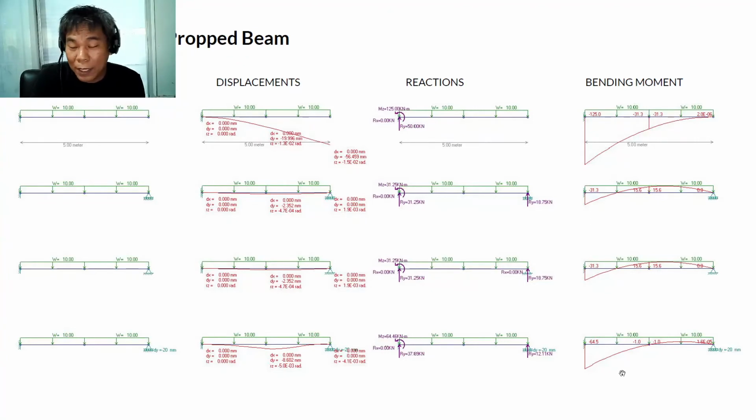So mao nang kasagaran sa mga tulay, simply supported lang siya kay kung magkuha ng tulay, mag-settle siya gamay, ang support dili siya mapiktuhan. Basta di lang kay dako, mahulog naman po siya kung sobra ka dako. So these are the property for a cantilever and a prop beam and if there will be settlement.